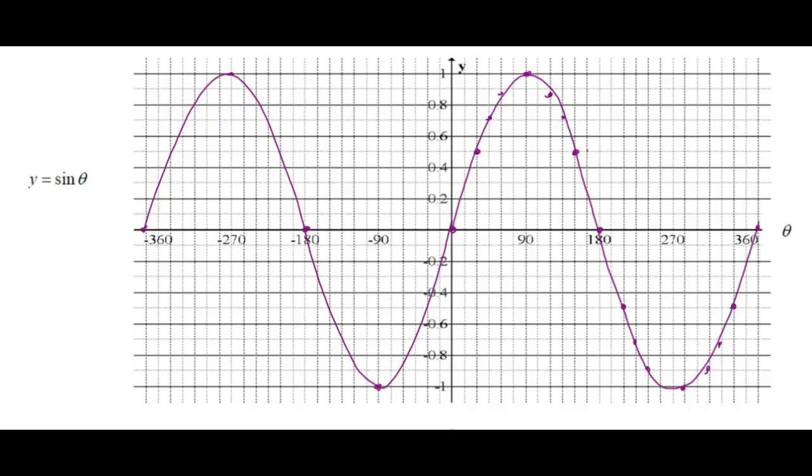Just kind of sketch that in, right? It's a little sketchy, but pretty accurate. So in theory, you would plot the rest of those points and then graph that.